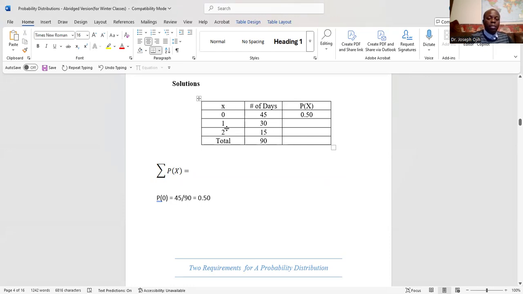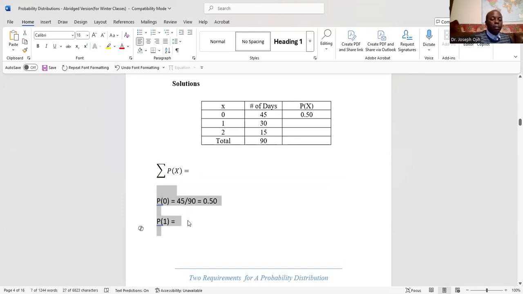So I'm going to put it right here, 0.5. Now let's find P for 1. The probability that they rented only one chainsaw is 30 out of 90. I should make it bigger.